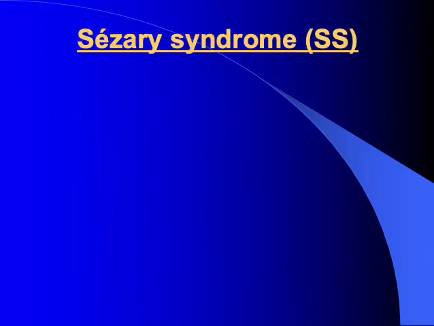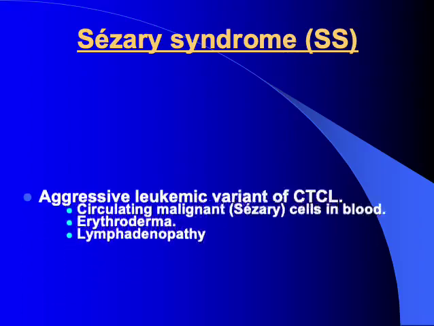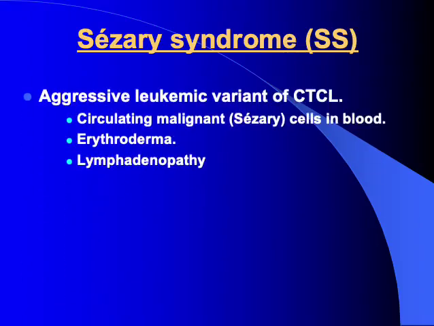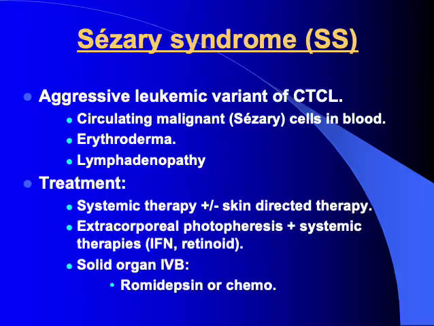Sézary syndrome is an aggressive leukemic variant of cutaneous T-cell lymphoma, characterized by circulating malignant Sézary cells in peripheral blood, erythroderma, and lymphadenopathy. Treatment is mainly systemic, with or without skin-directed therapy. And for solid organ stage 4 disease, we may use chemotherapy or immunotherapy like romidepsin.